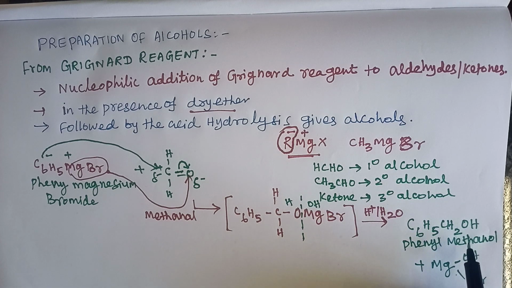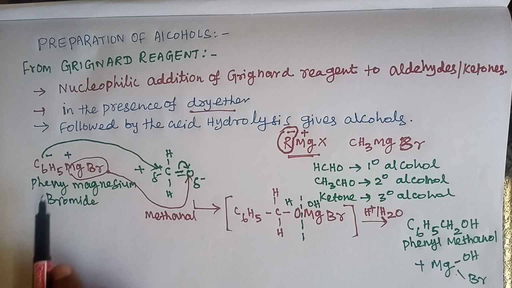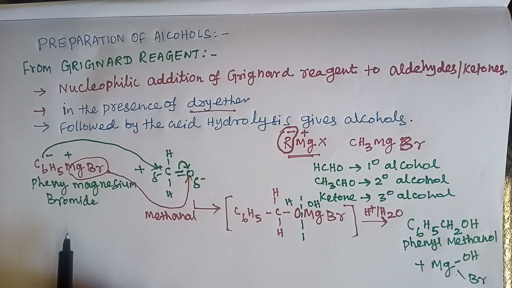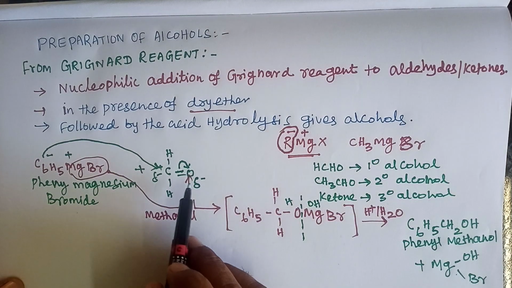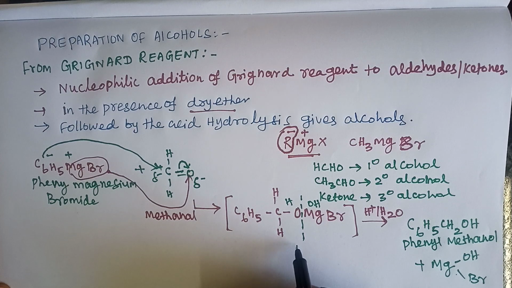So for preparing primary alcohol from Grignard reagents, we take formaldehyde. Here we are taking phenyl magnesium bromide, C6H5MgBr. It reacts with formaldehyde and gives the addition product, followed by acid hydrolysis.